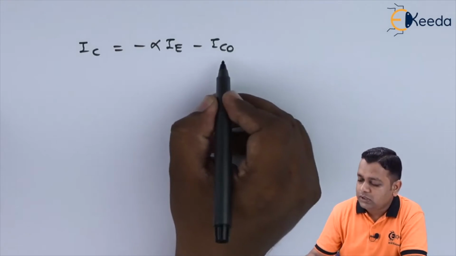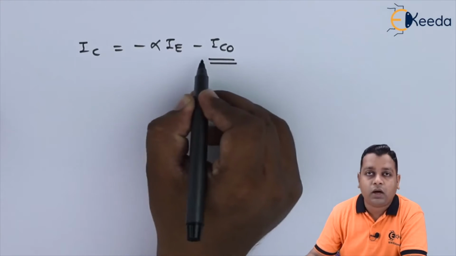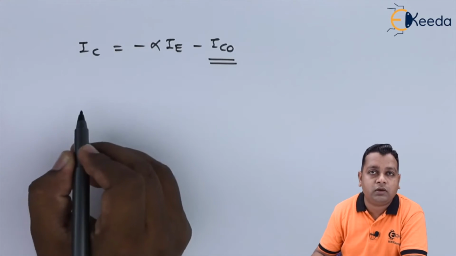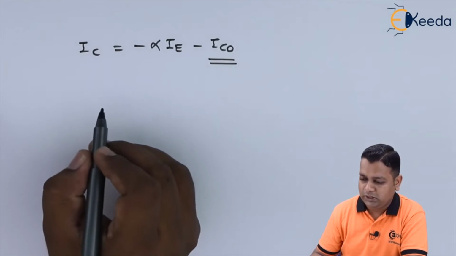In this expression, the component ICO is nothing but the current that is crossing the PN junction.